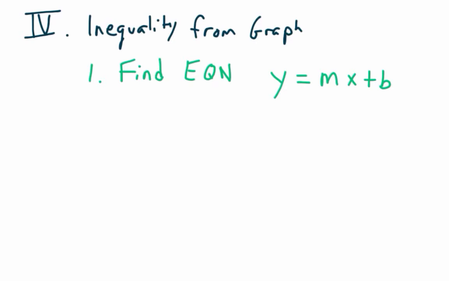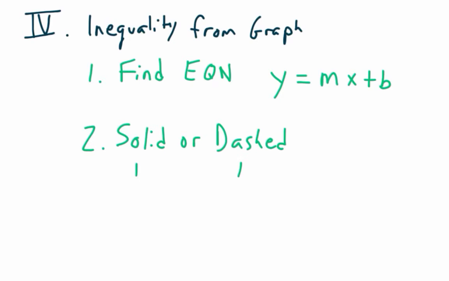Once you find that equation, then you look at the boundary line and ask yourself, is it solid or dashed? Because if it's solid, then you know that it has to be either greater than or equal to or less than or equal to. If it's dashed, then it's just going to be greater than or less than for your inequality sign.